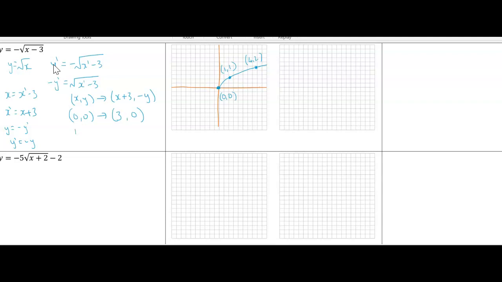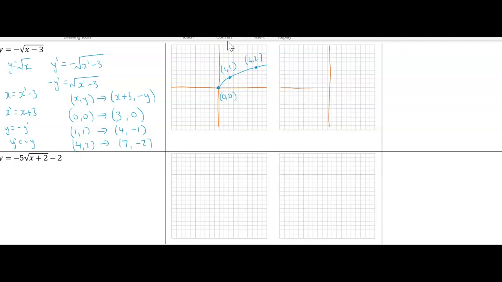And then our other point, 1, 1, becomes 1 plus 3 is 4, and 1 times negative 1 is negative 1. And then another point is 4, 2. So 4 plus 3 is 7, and then negative 2.